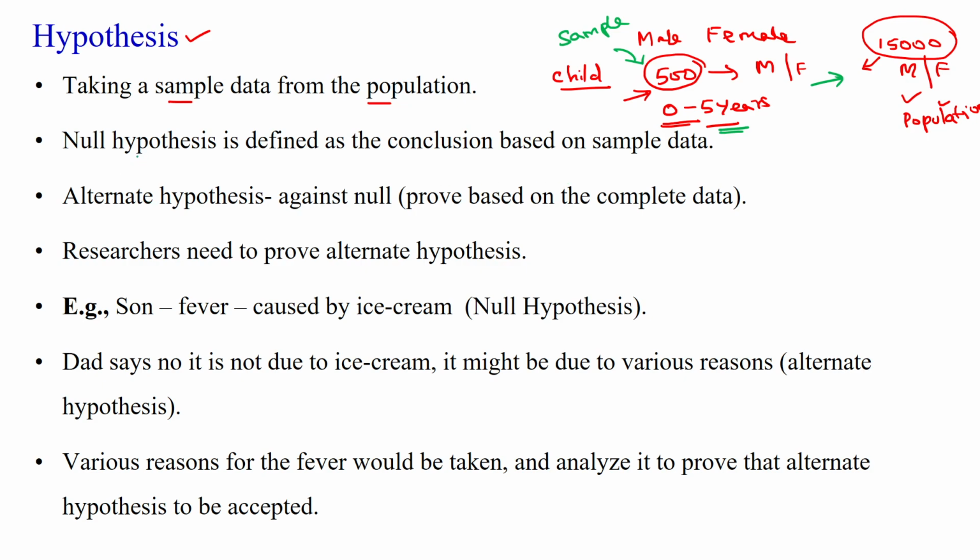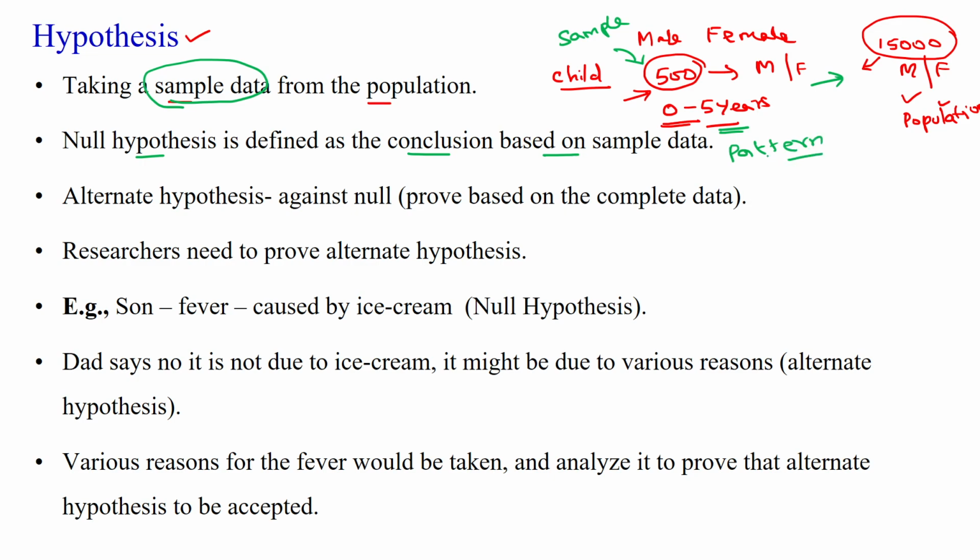Here the null hypothesis is defined as the conclusion based upon the sample data. Based upon this sample data, we guess some solution in our mind to classify male or female. So the child can guess some features, some set of patterns, to identify the given person.